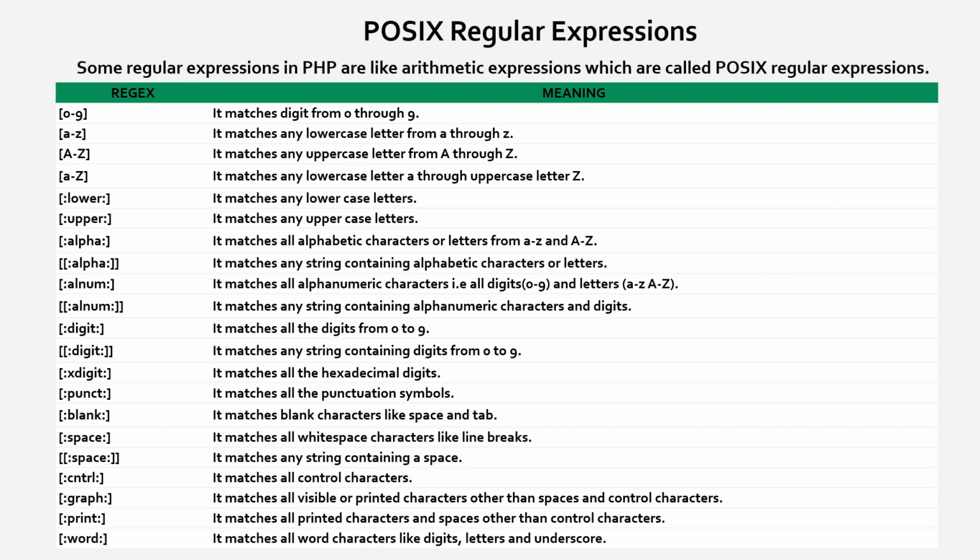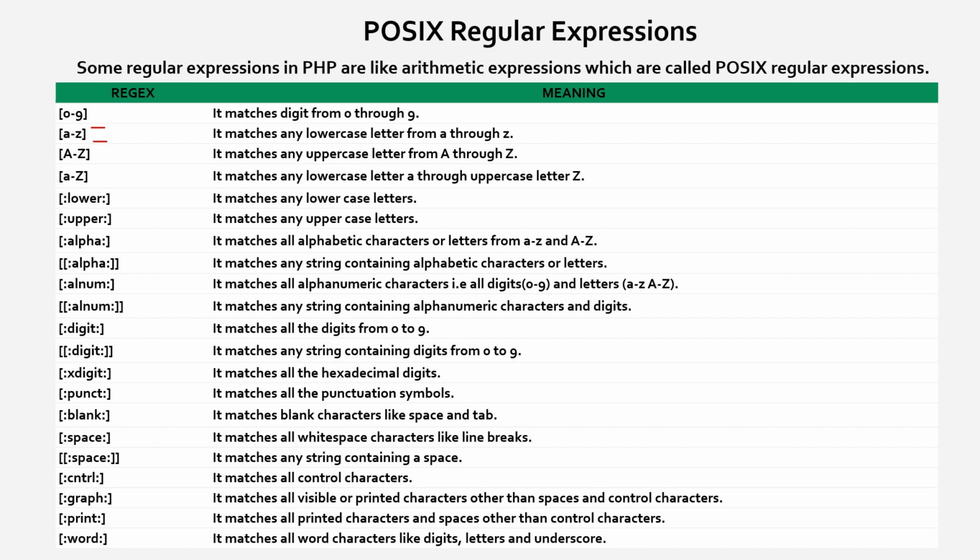Now we will discuss the POSIX regular expressions. That is like arithmetic expressions. Now let's discuss one by one. So 0 to 9, our ordinary meaning, that is the range, it matches from 0 to 9.